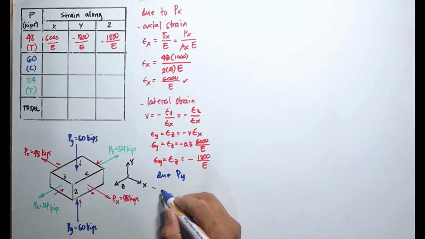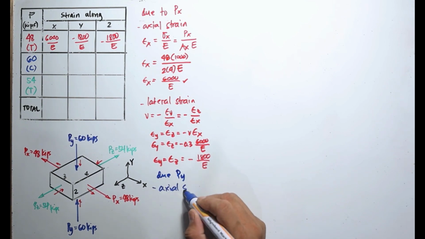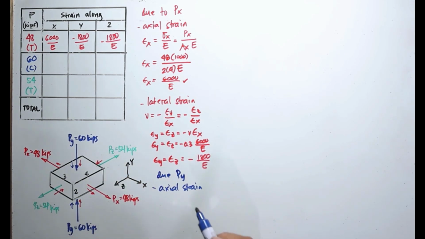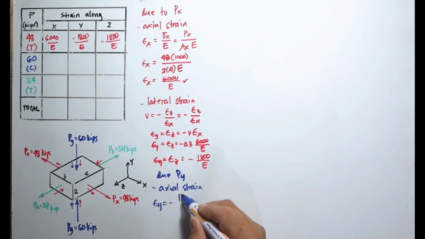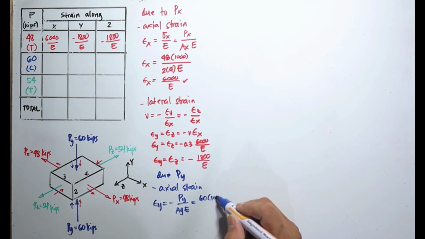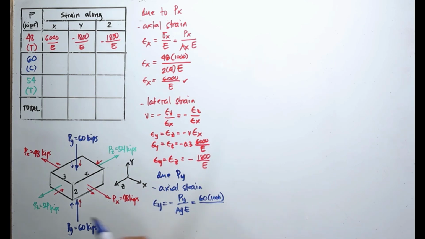Okay, so axial strain due to P sub Y, that should be compression. So that's negative P sub Y over area sub Y over E. P sub Y is 60 kips, changed to pounds, divided by the area.